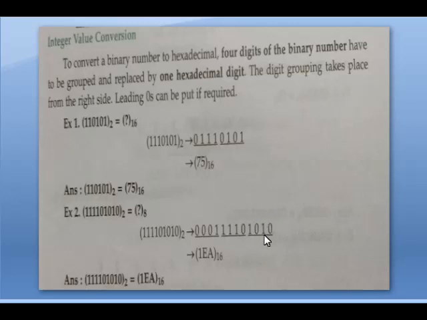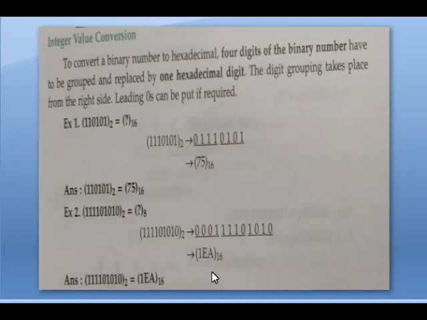So 1 plus 4 is 5. For the next group, 1 0 1 0, that is 1 2 4 8, in the 2's place 1 and the 8's place 1. So 2 plus 8 is 10, and 10 means it is A. The next group 0 1 1 1, that is 1 2 4 8, so 2 plus 4 is 6, 6 plus 8 is 14, 14 means it is E. Here it is 1, so it is 1. Like this you have to group the numbers and write the hexadecimal digits.